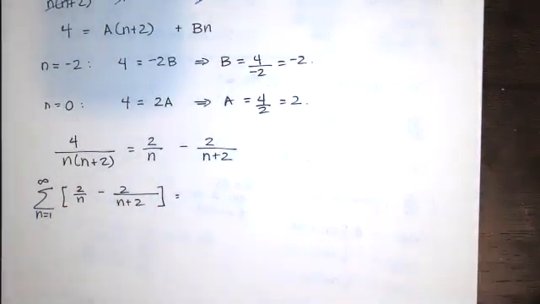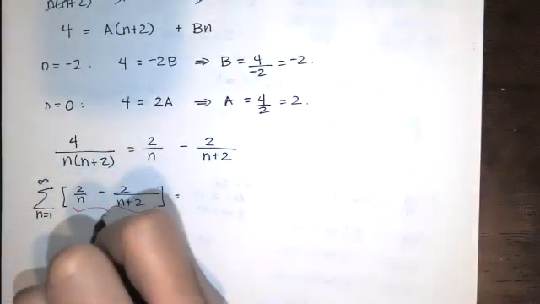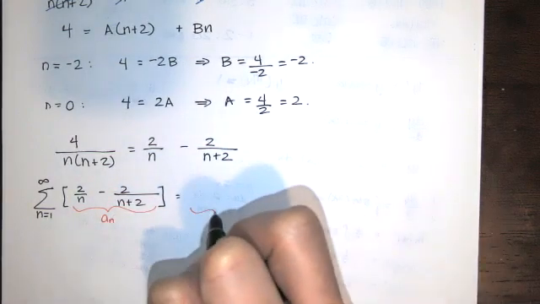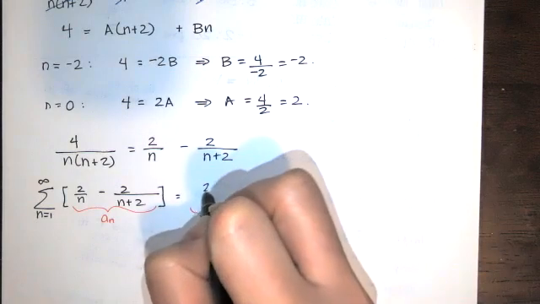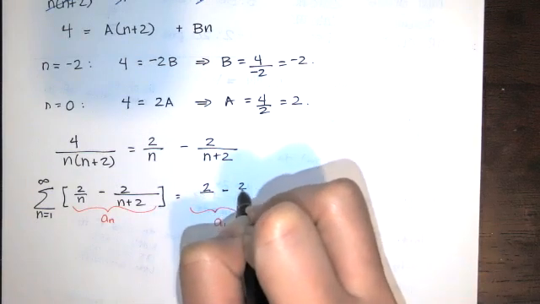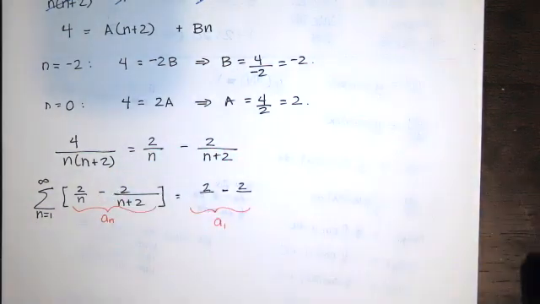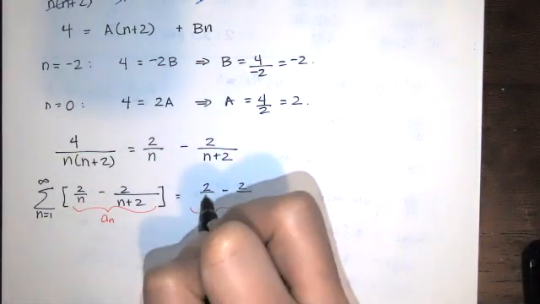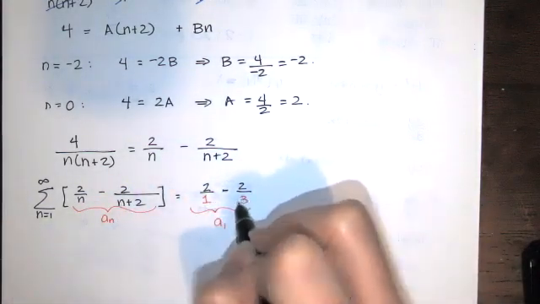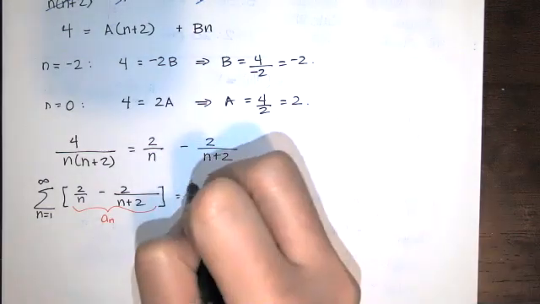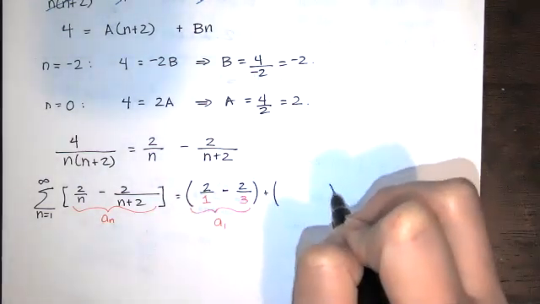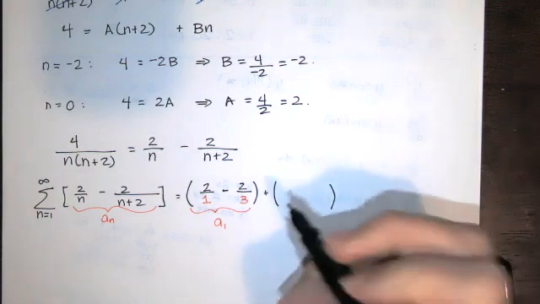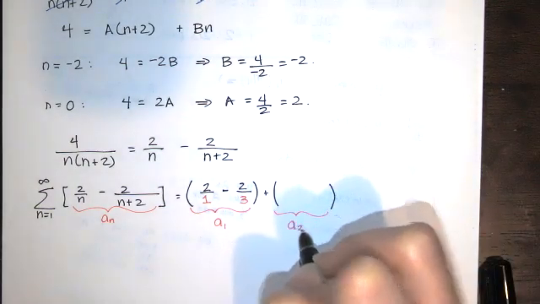When n is equal to 1, a sub 1 is going to look like this. We'll have 2 over 1 minus 2 over 1 plus 2. So when n is 1, we have a 1 here, and 1 plus 2 is 3. That's our first a sub n, our a sub 1. And then for a sub 2, we substitute in n equals 2.